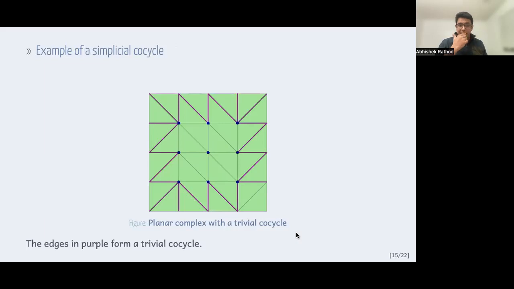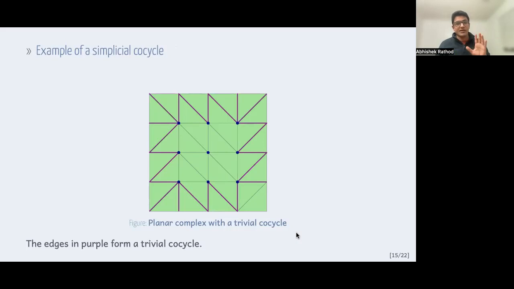All right. Now, once again, to build some intuition, let's go through an example. The set of edges shown in purple form a cocycle. First, let me describe the complex. The complex is a square that is triangulated, so it basically has no holes.